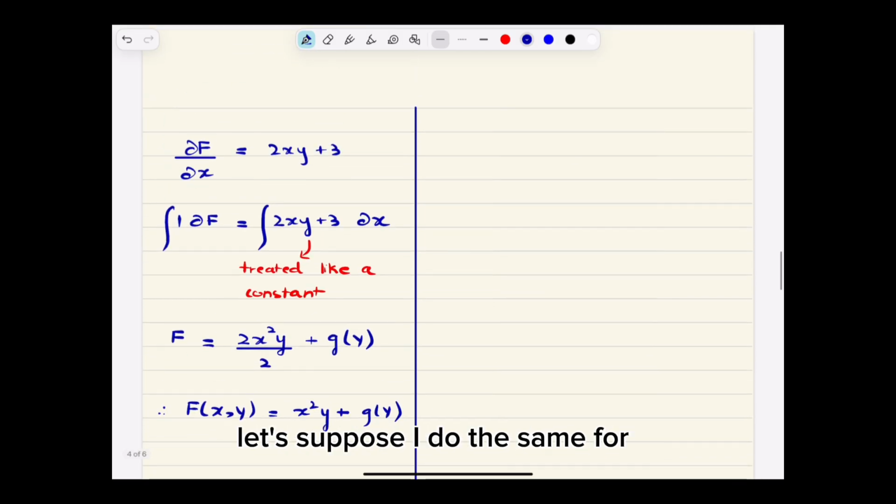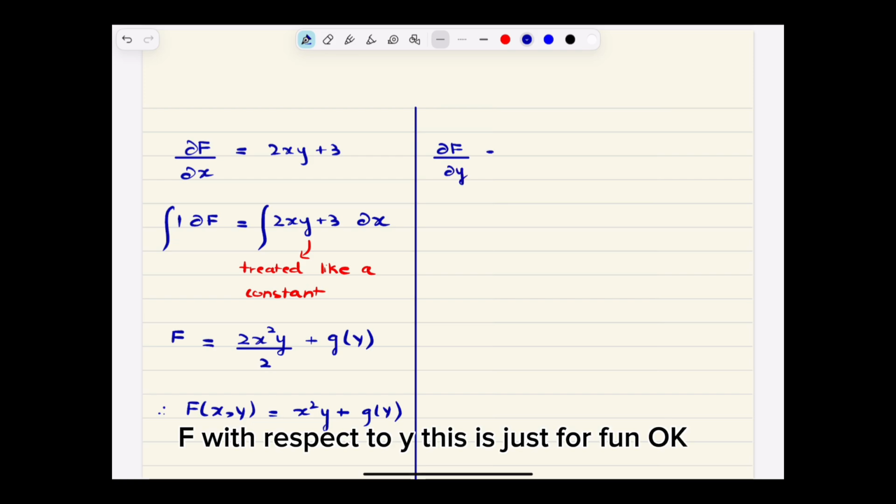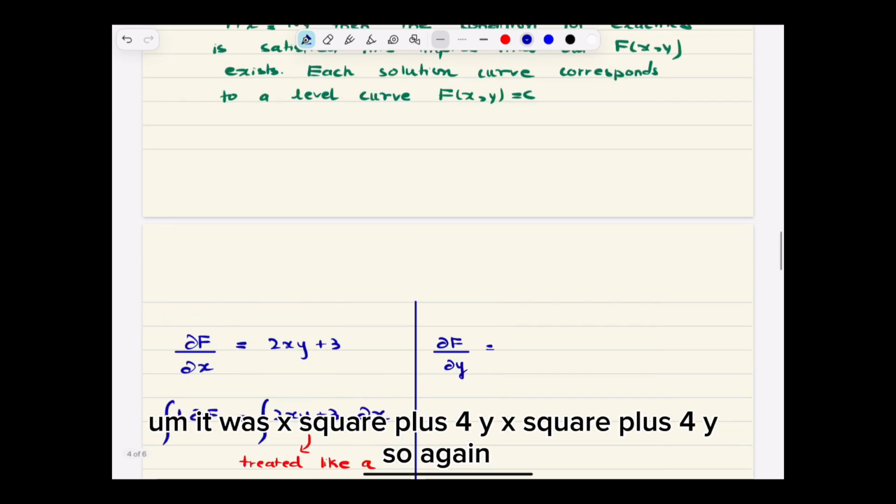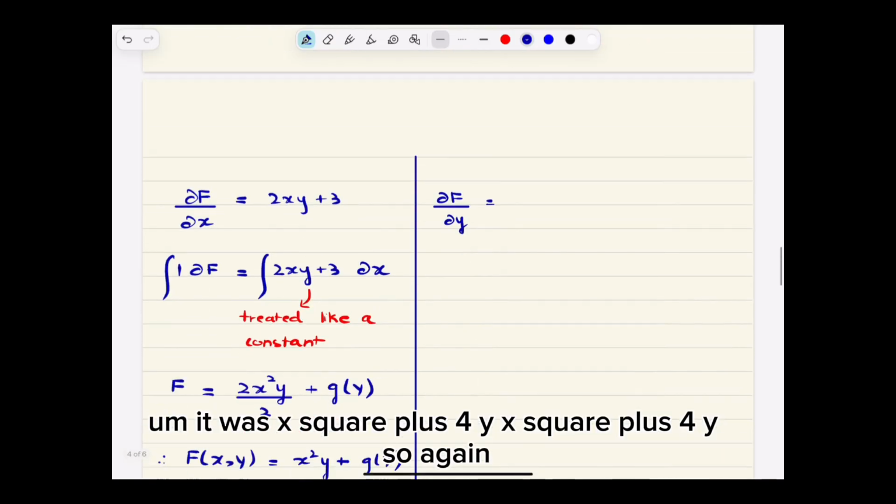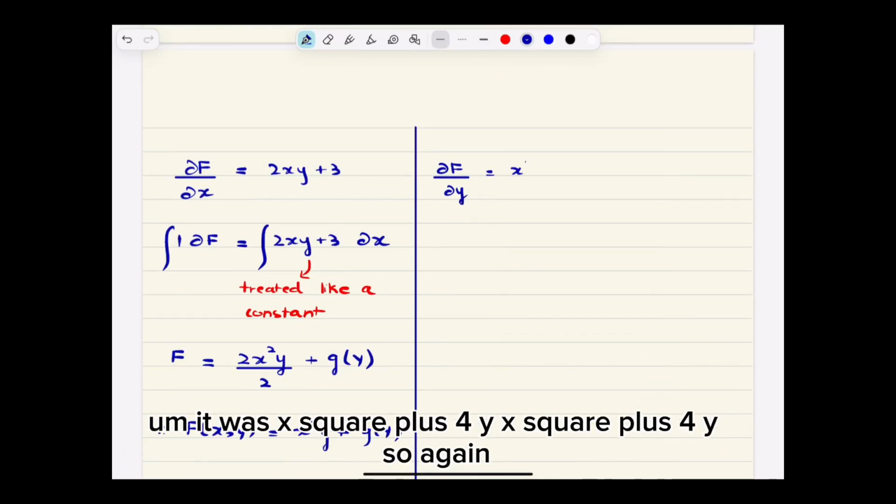Okay, let's suppose I do the same for the partial derivative of f with respect to y. This is just for fun. It was x square plus 4y.